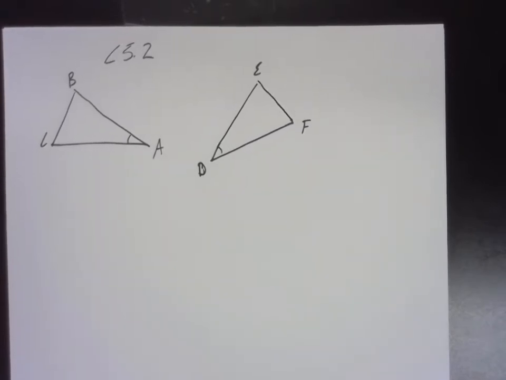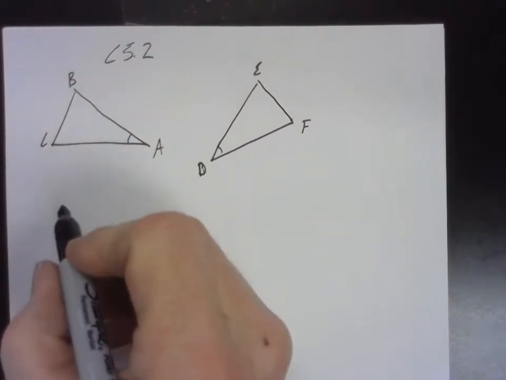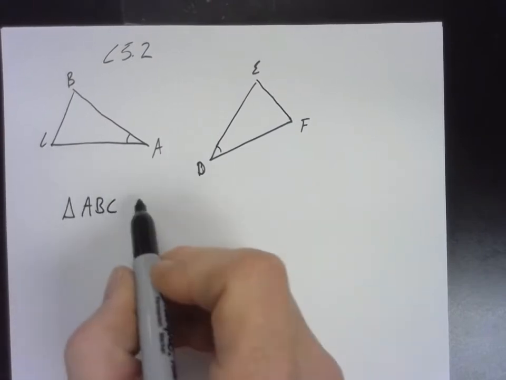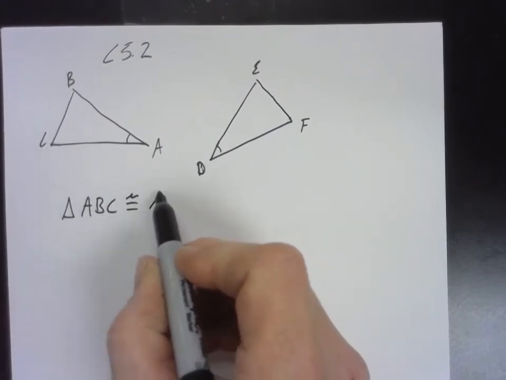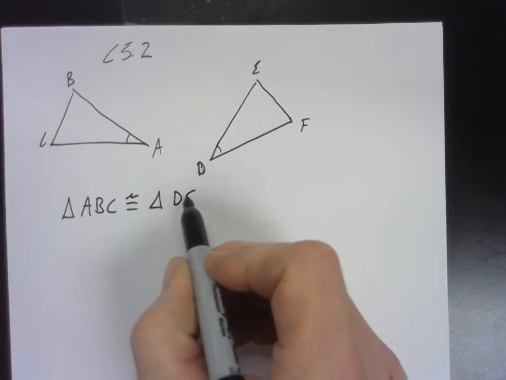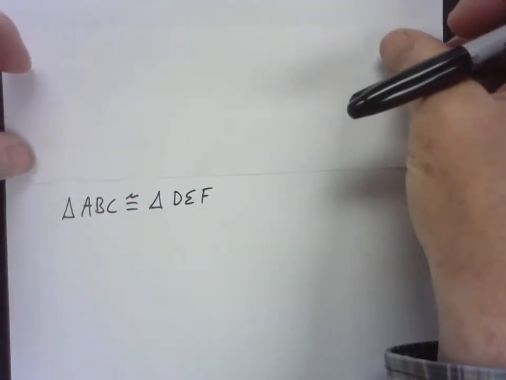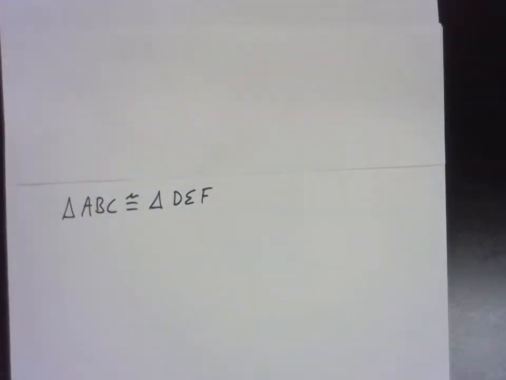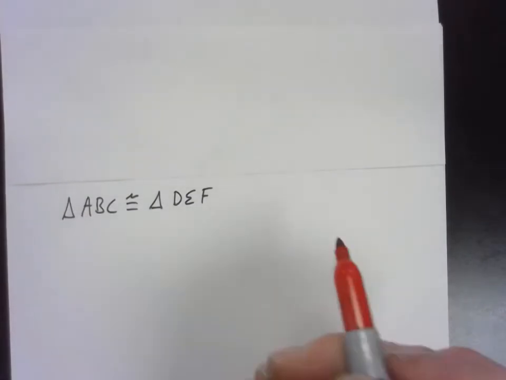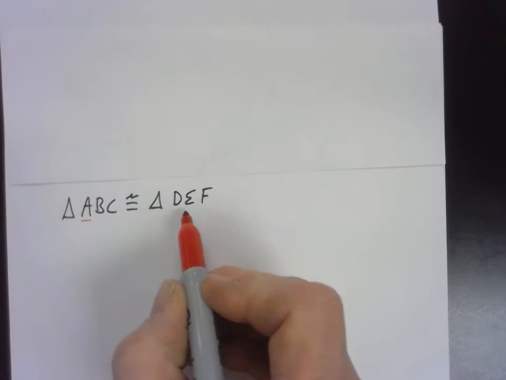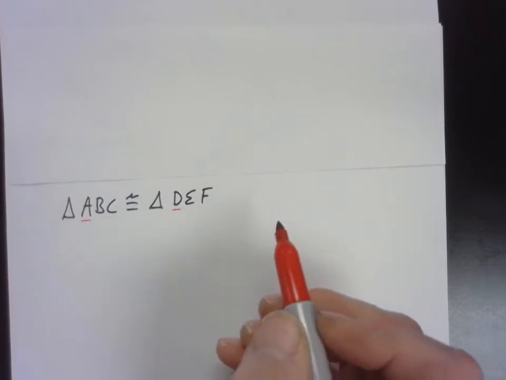But if you have a statement about them that says something like this: triangle ABC is congruent to triangle DEF, you don't need the picture to know what's going on, because you can look at this statement right here, and guess what? Angle A corresponds to, yeah, there you go.